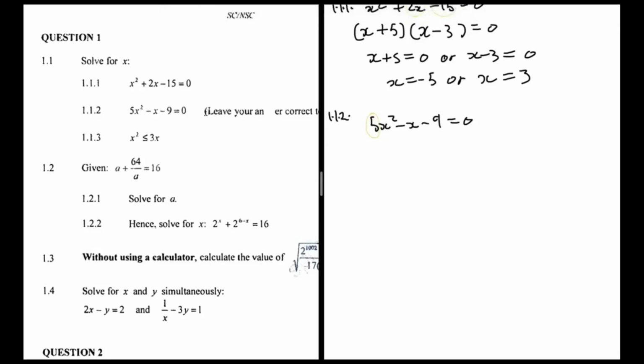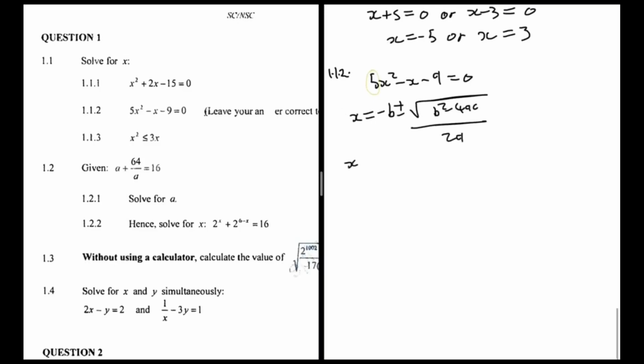So what I'm going to do here, I'm going to say x equals minus b plus or minus the square root of b squared minus 4ac, divided by 2a. So what is minus b? We know fully well that minus b will be minus 1, right? So as a result, we're going to have plus 1 here, plus or minus b squared.